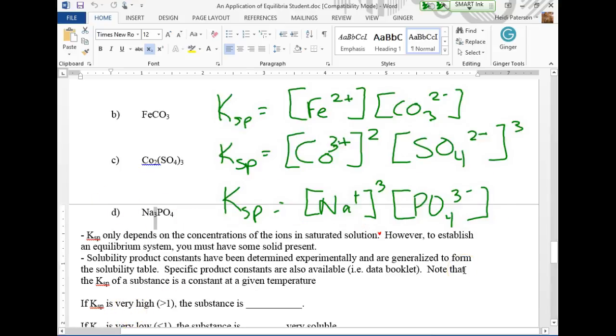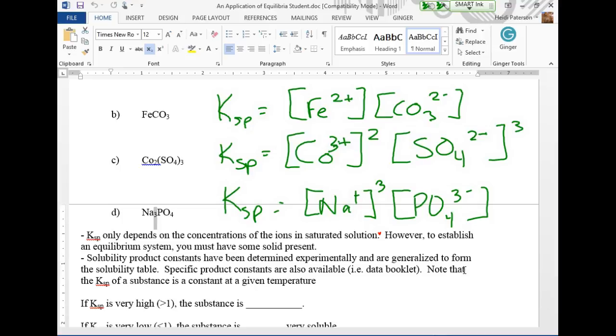Writing your dissociation equation properly is essential to doing your KSP expressions, because if there's more than one of an ion, that's going to appear as an exponent in your KSP expression. For the first one, Fe and CO3, it doesn't matter if those are switched or not. So if it was CO3 2 negative first and then Fe 2 positive? No. It's a multiplication, so it's not going to matter which one comes first.